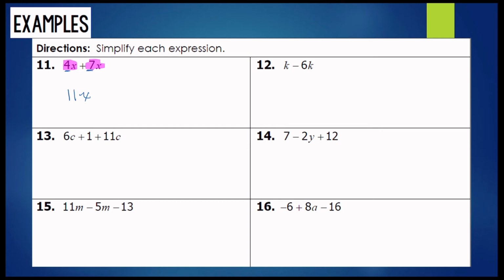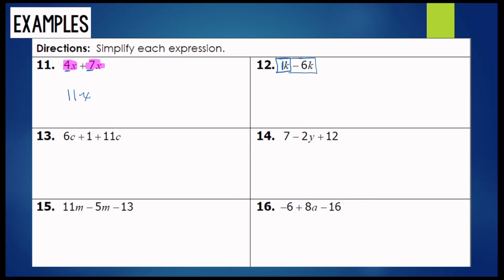Okay, so let's say you don't have a highlighter. What do you do? Well, anytime you see a variable without a coefficient, we're on number 12 right now, we put a 1. So I'm going to use a box. Here is one term. That is a variable term with a k. I also have another variable term with a k.